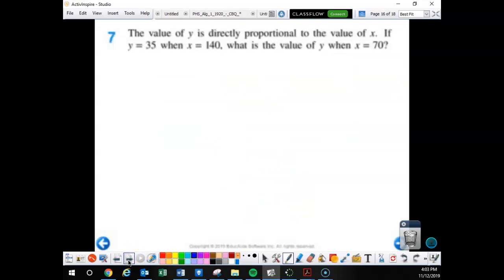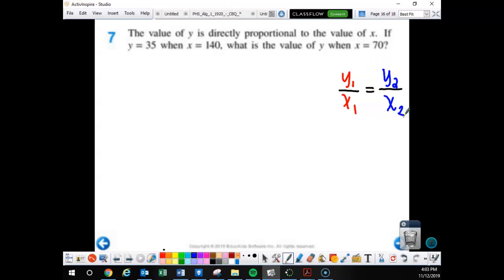So same thing, y1 over x1 is equal to y2 over x2.